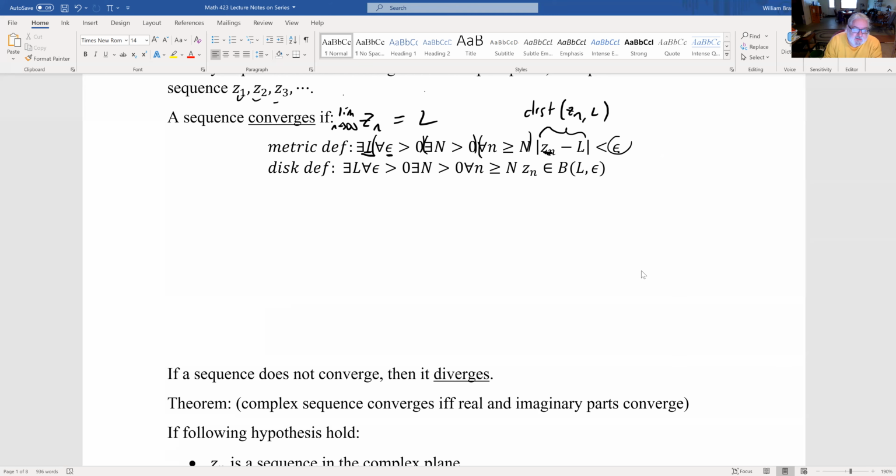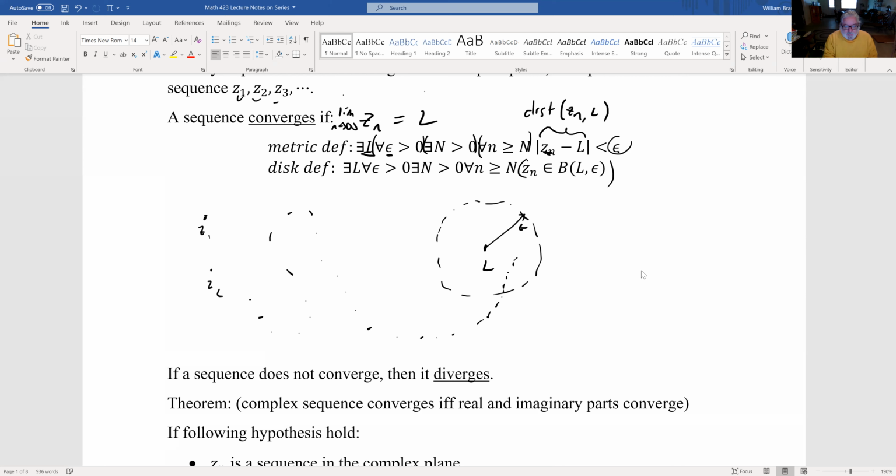Or you can think of it as a disk definition, which is how I often think about it. I've got some point L, and if I pick out some epsilon, then my sequence z1, z2, whatever, wanders around a lot and might wander into epsilon and then leave, but eventually it wanders into epsilon and stays.